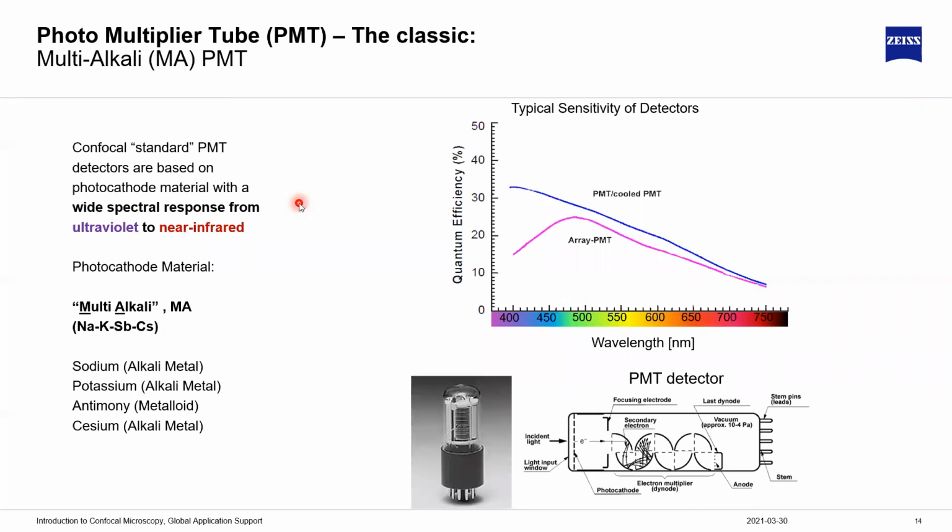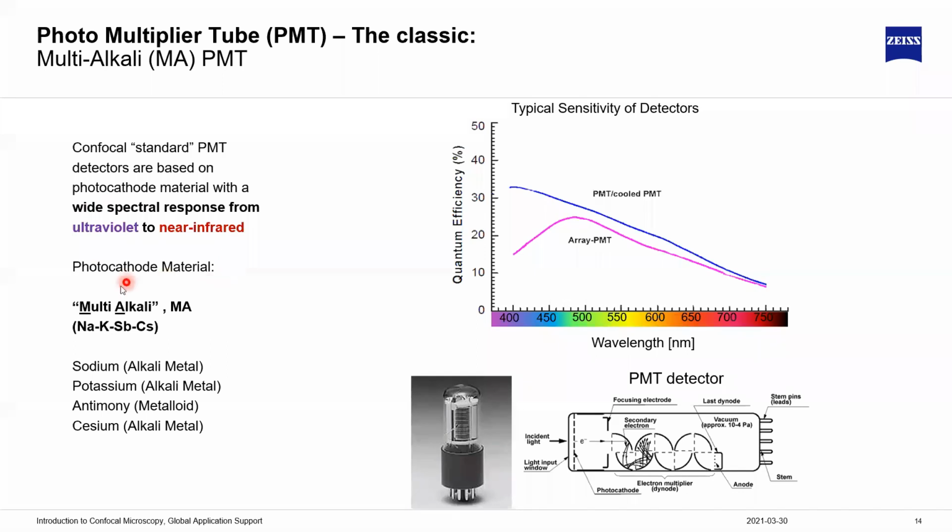So one of them is the classical multi-alkali PMT. It's a standard PMT which has a very wide spectral response, so it can translate, let's say, UV to near infrared photons into electrons.